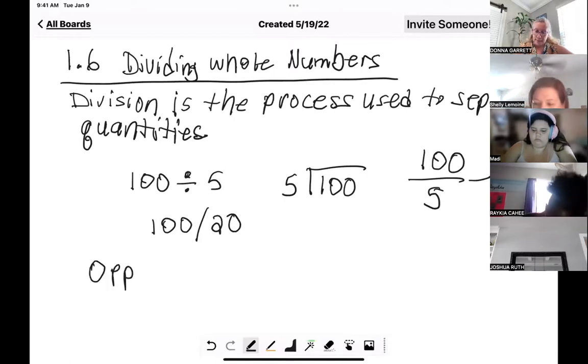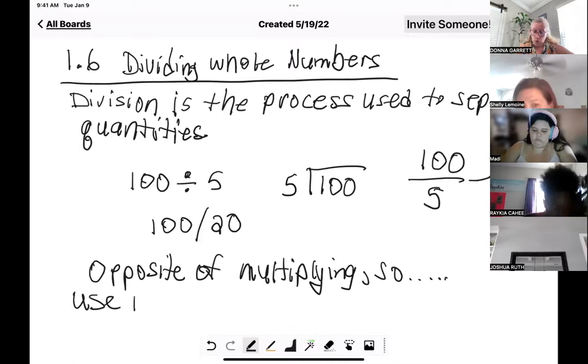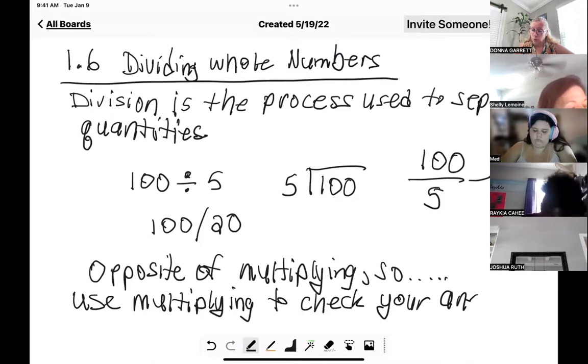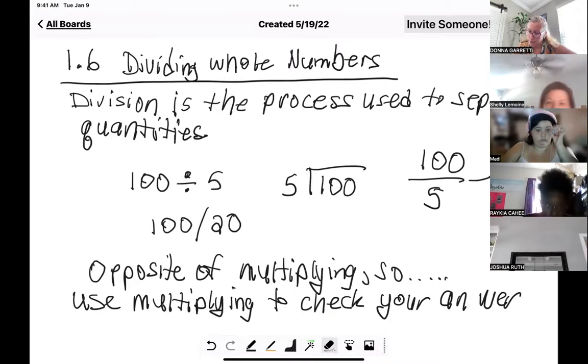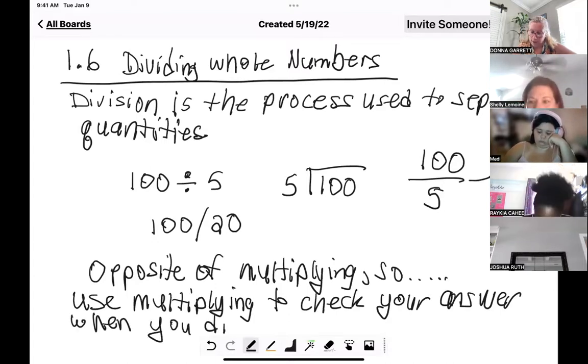Division is the opposite of multiplying. So use multiplying to check your answer when you divide.